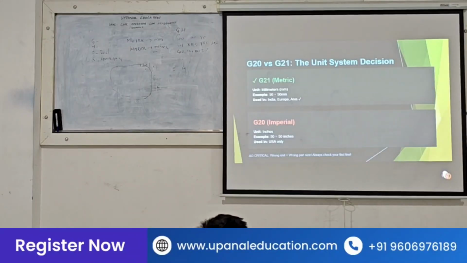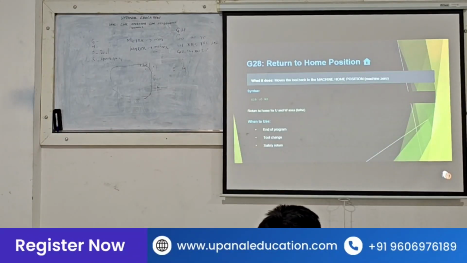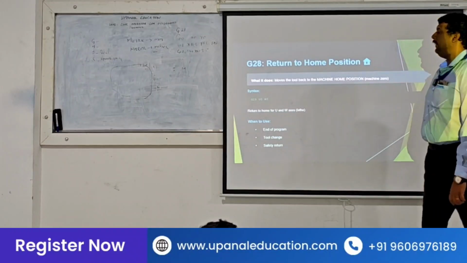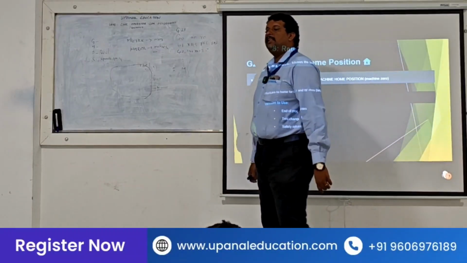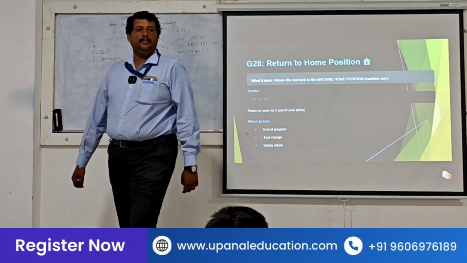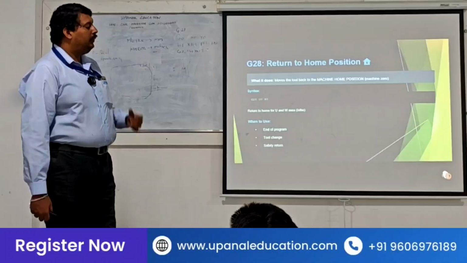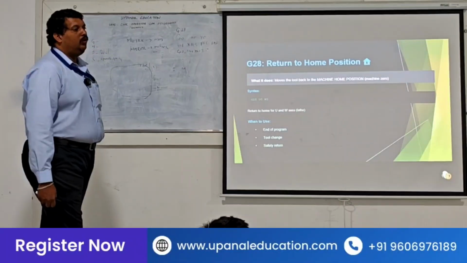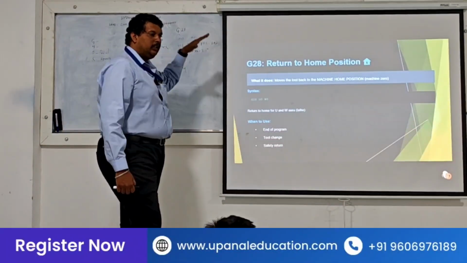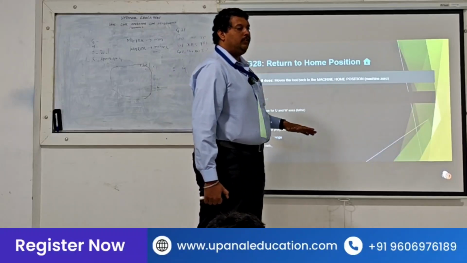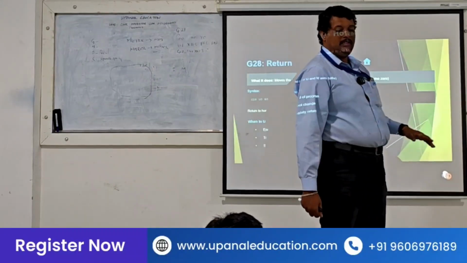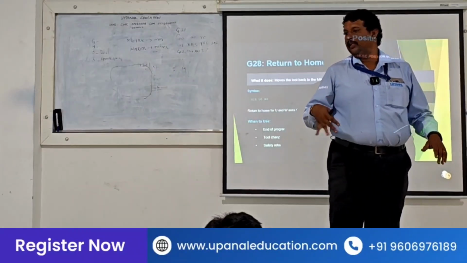Okay. Then next is G28. What is G28? Go back to the home position once all the work is over. When all the work is over, I am telling the machine, okay, your duty is over, go back.